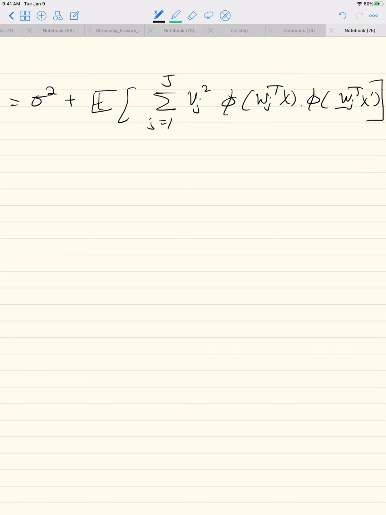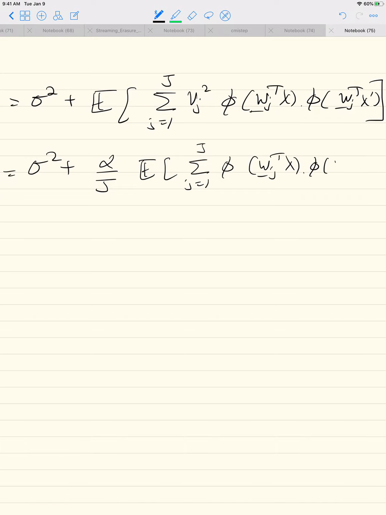Now the variance of Vj is alpha over J, so we can write it as the summation of alpha over J times the expected value of phi of Wj transpose x, phi of Wj transpose x prime. So this is the covariance function k of x, x prime.